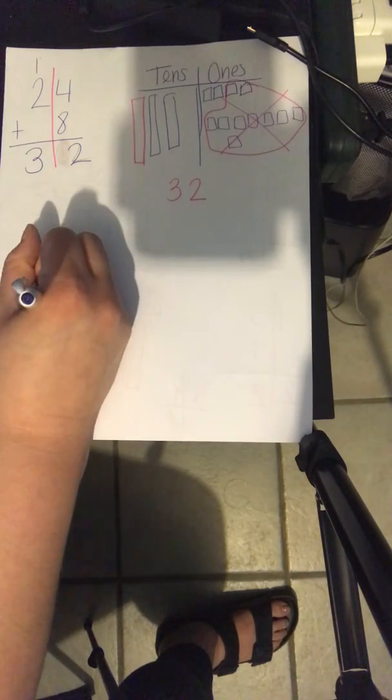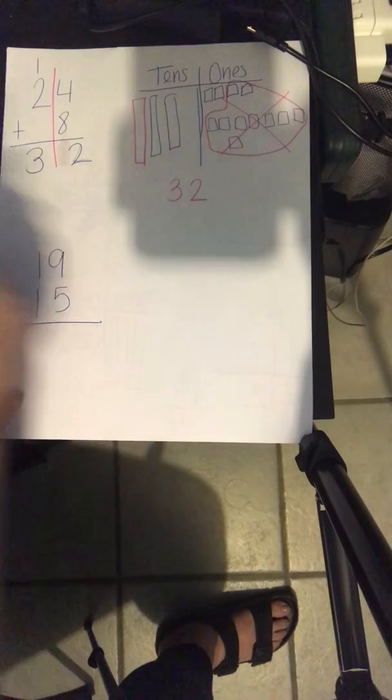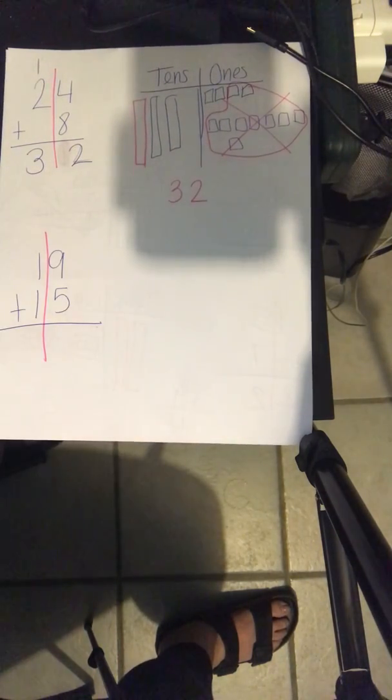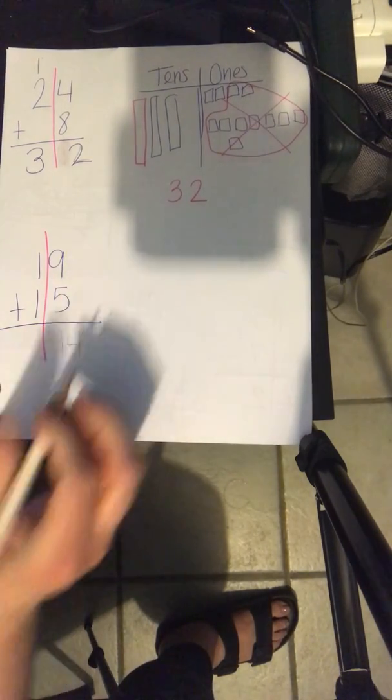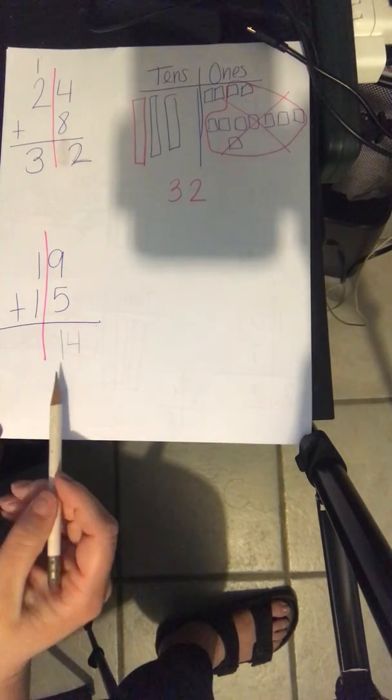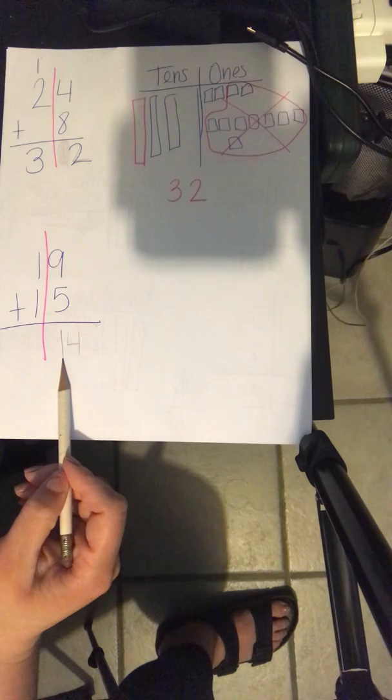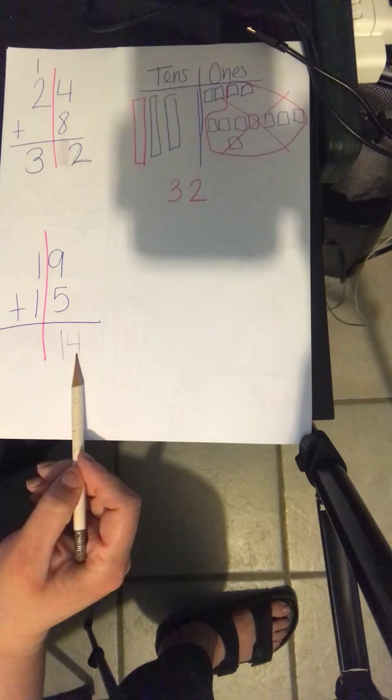19 plus 15. All right, what is 9 plus 5? Okay, 9 plus 5 we know is 14. So in 14, we have 1 ten and 4 ones.